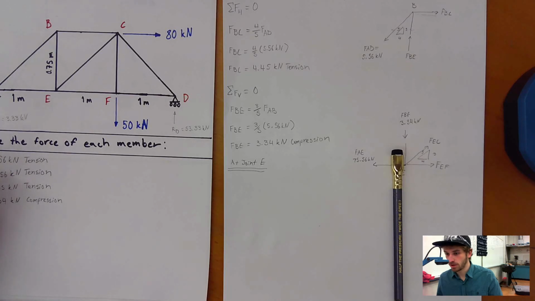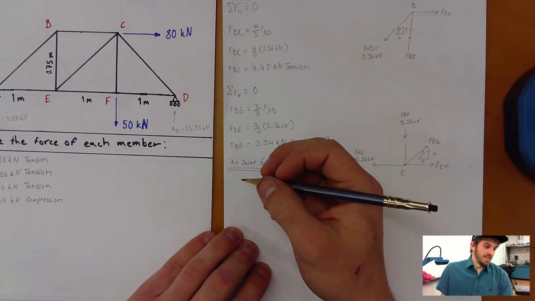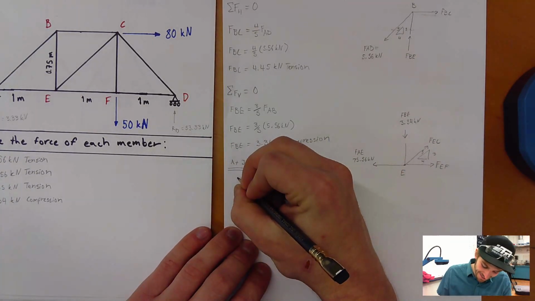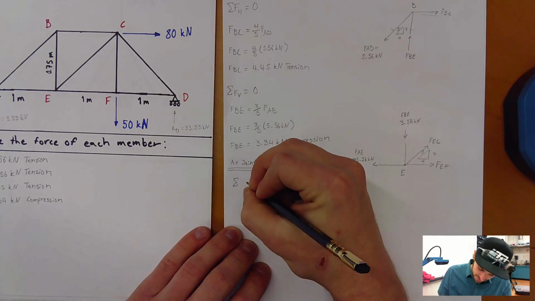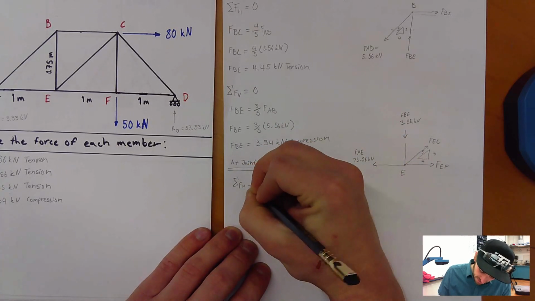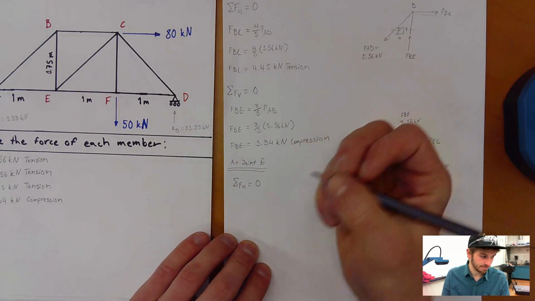If you don't know how to guess the equation by now, I'm going to be very, very sad. The sum of the forces horizontally is going to be equal to 0.